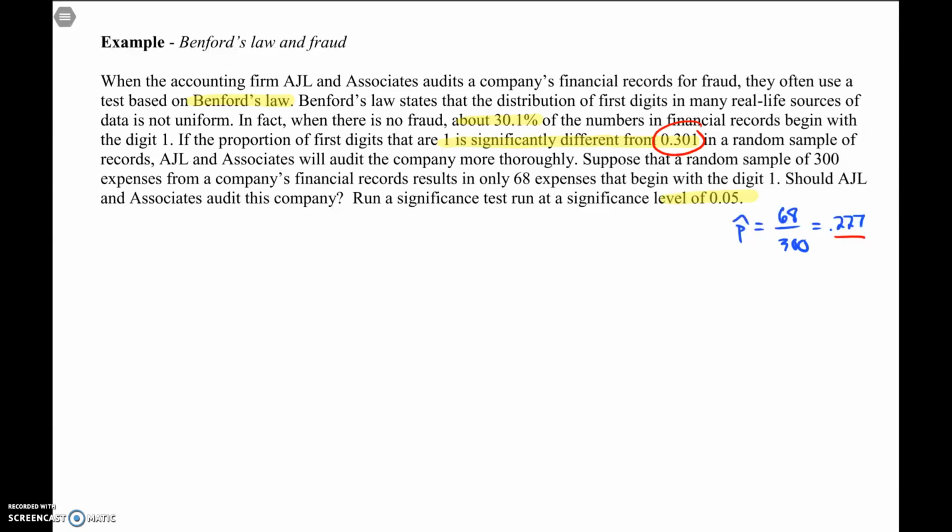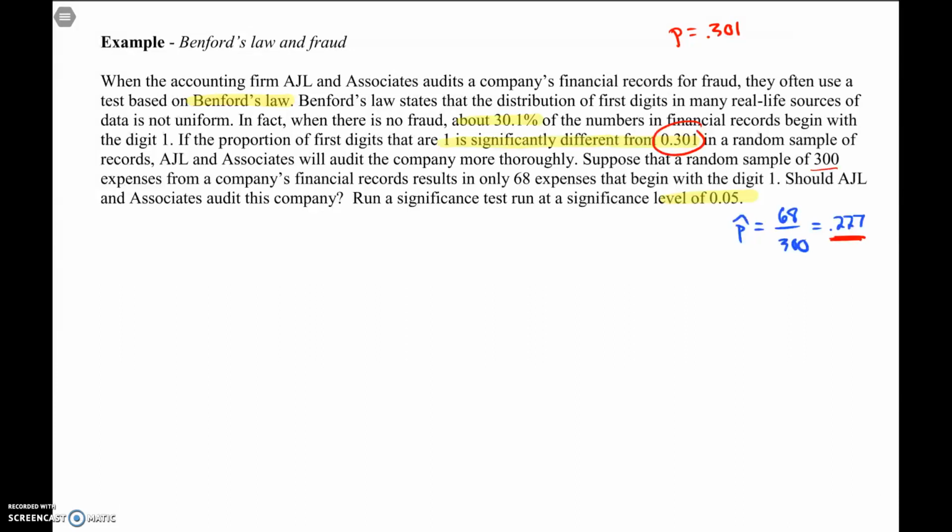So you might ask, why is there a difference? One explanation would be that, when we take a sample of 300, there's going to be sampling variability. So maybe this was just a random chance occurrence. Maybe the true proportion is 0.301, but because of sampling variability, I got the 0.227.